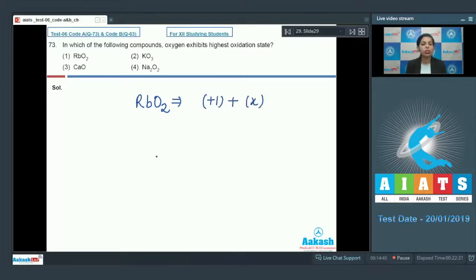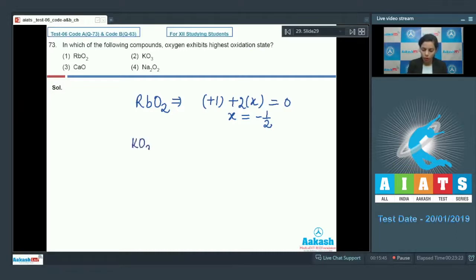Say the oxidation number of oxygen is X. So I can write here 2X. That should be 0. So on the basis of this, what would be the value of X? Here the value of X is equal to -1/2. So this is the oxidation number of oxygen in RbO2. We just want to find out the highest oxidation state of oxygen. It means we need to check further options also.